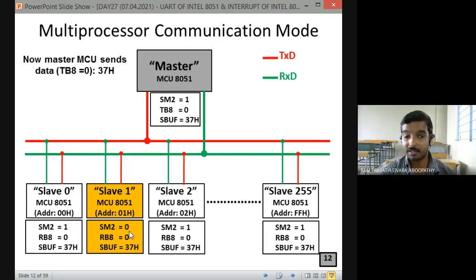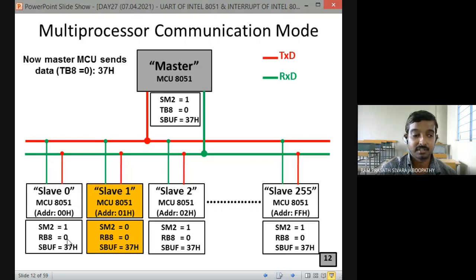The data went to all the slaves. Correct? Which microcontroller only gets interrupted now? What about the other slaves? Just imagine, if the received bit is 0 and the SM2 bit is 1, will an interrupt be generated? If the received bit is 0 and the SM2 bit is set, then an interrupt will not be generated to that particular microcontroller.